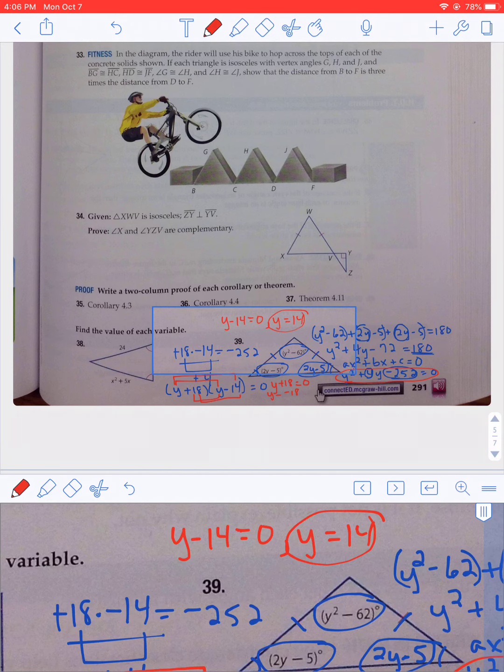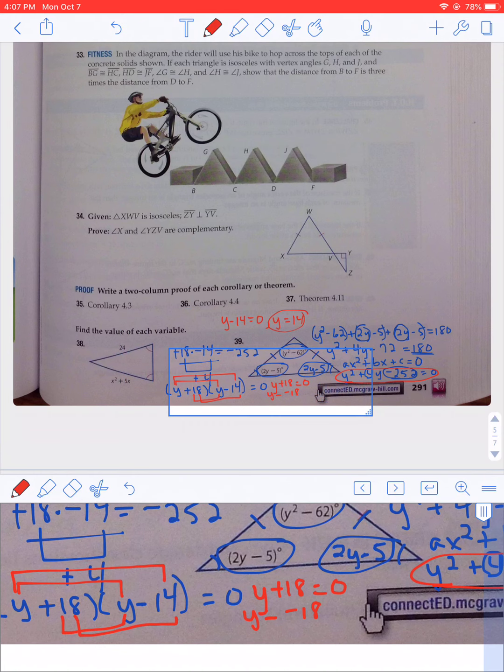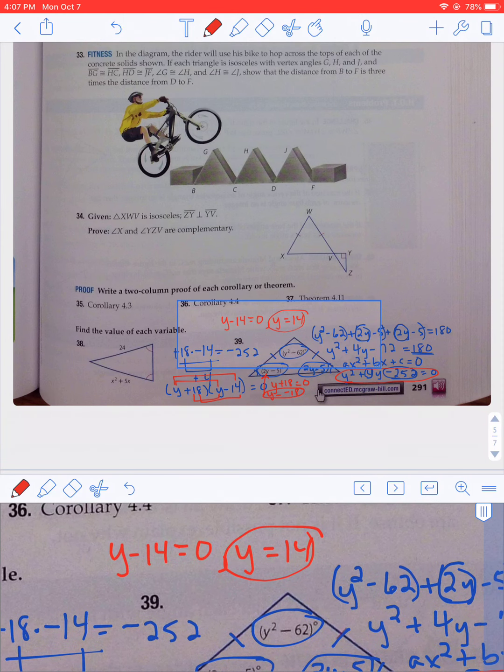So I've got two answers: y equals 14 and y equals negative 18. Now the negative 18 does not make sense because if I plug negative 18, for instance, into this angle expression here, I'd end up with a negative angle measure, and that's impossible in a triangle. So in this case, 14 is the only one that would make sense, so that's the only answer.